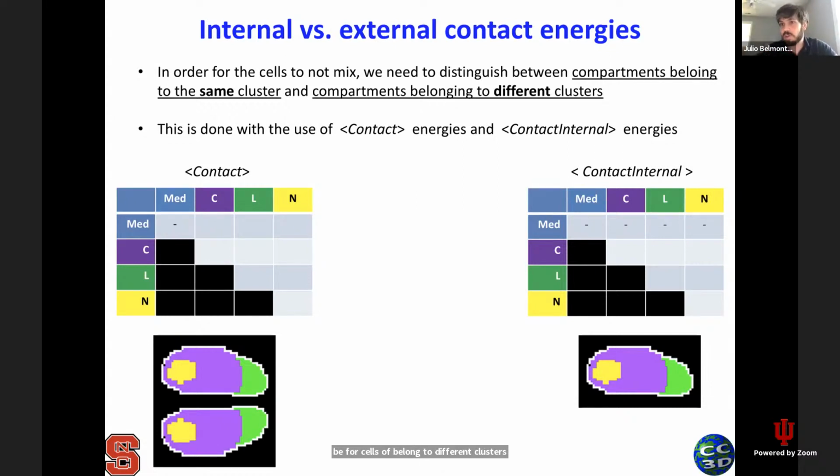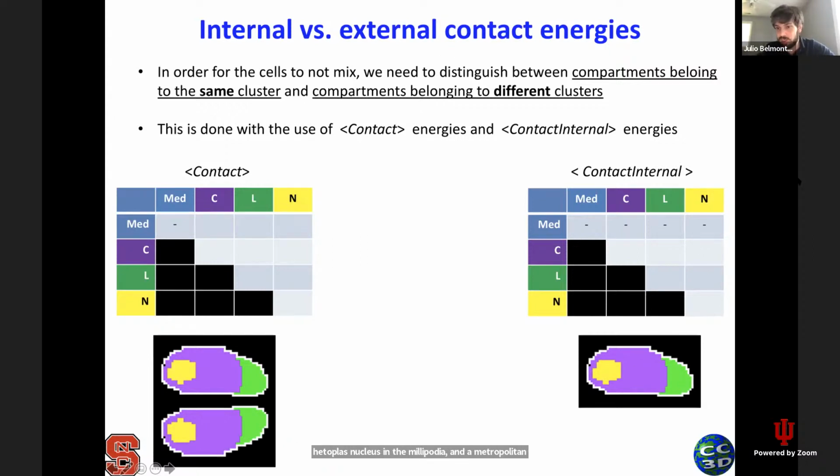When the cells belong to the same cluster, we have to use a different set of contact energies, and we do that using the contact internal plugin. The contact internal plugin specifies the energy between the compartments belonging to the same cluster. So, for example, nucleus and cytoplasm, nucleus and lamellipodia, and lamellipodia and cytoplasm.